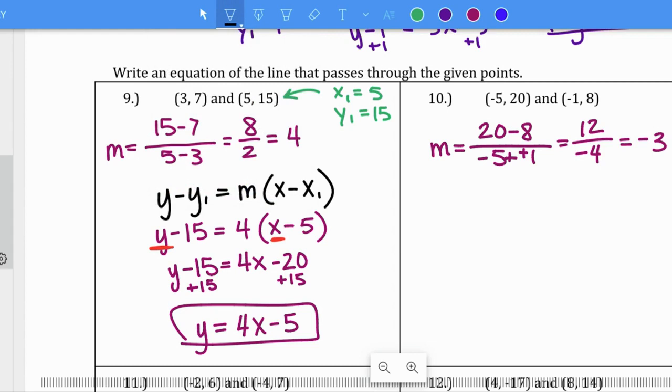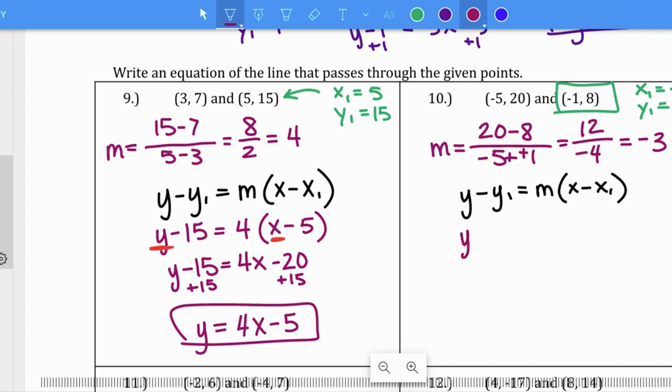Bring in my point slope form again. Y minus y1. Really helps, I think, to write the formula first and then substitute. So let's see, let's just take this one. It's easy enough, right? X1 is -1, Y1 is 8. Substituting in, Y minus Y1 is 8.